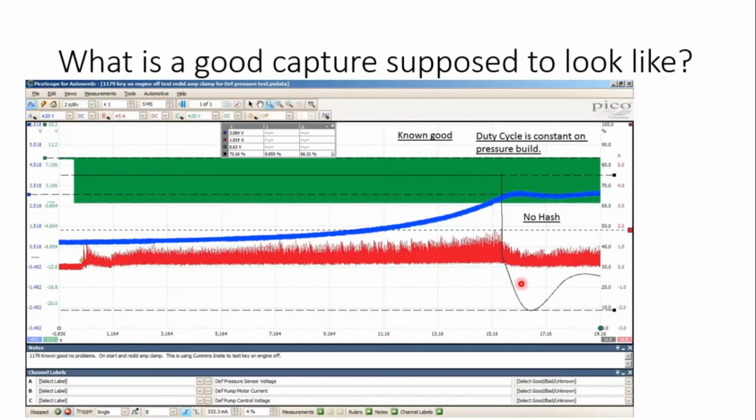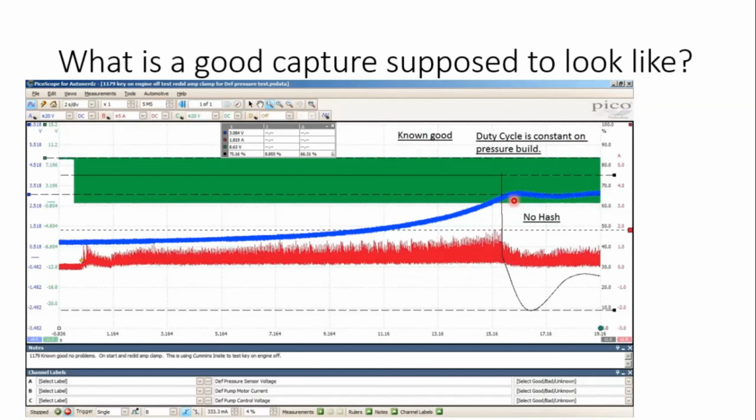But if you notice, I've got the same type of duty cycle signature, and the current is behaving the same way that the other capture was. So this is normal operation.